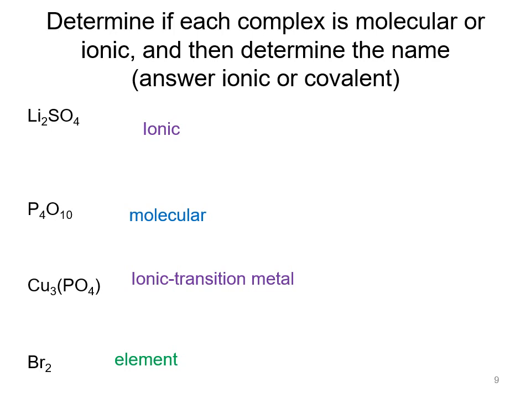P4O10, all nonmetals, that's molecular. Now we have copper tied to the phosphate ion. Well, copper is a transition metal, so it's got to be ionic. And then Br2 is an element, so it's not going to use either of these systems. So watch out for that. That may show up in the homework or the exams if I can find good examples.